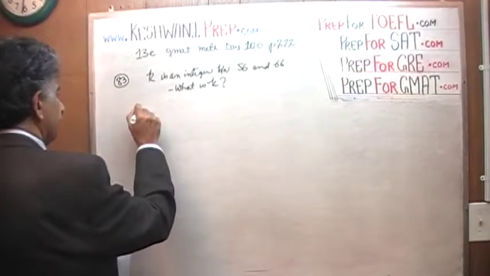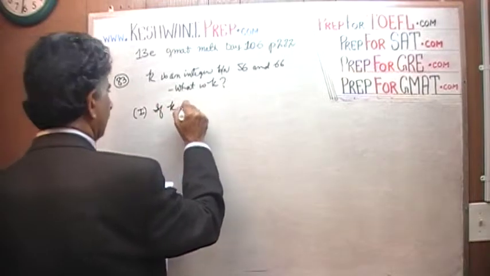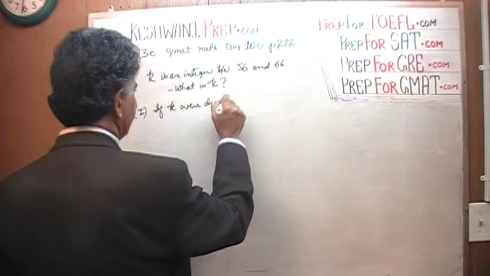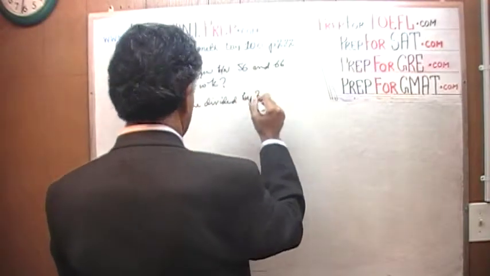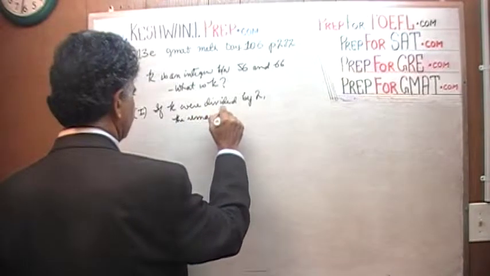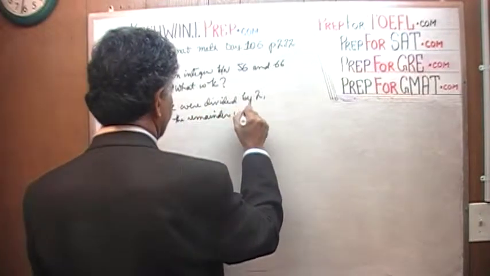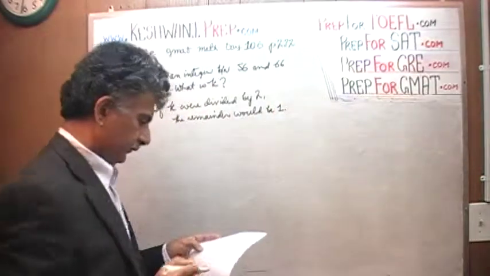In the first statement, they tell us that if k were divided by 2, the remainder would be 1.